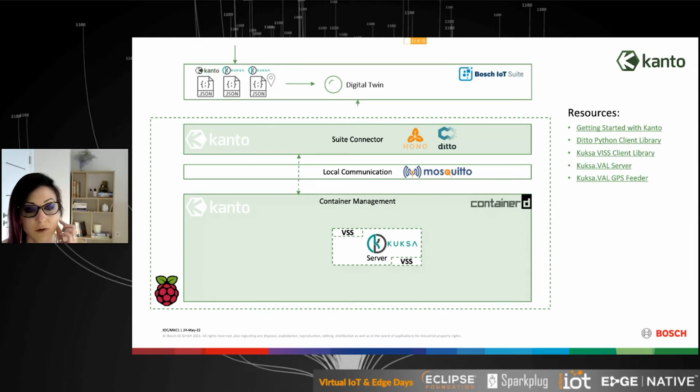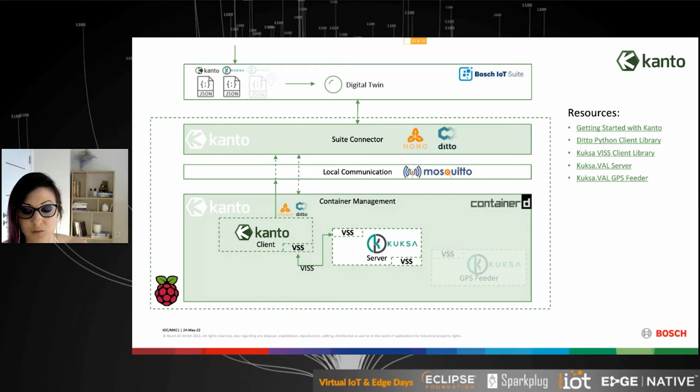After that, we will install one custom Python application that we're soon about to contribute to the project, which receives VSS data via the VISS protocol, and then, based on Ditto and Kanto, registers a new feature in the digital twin that makes the data available in the cloud. The third container that we're about to install is a Kuksa GPS feeder, again a project you can find in the Kuksa repositories.